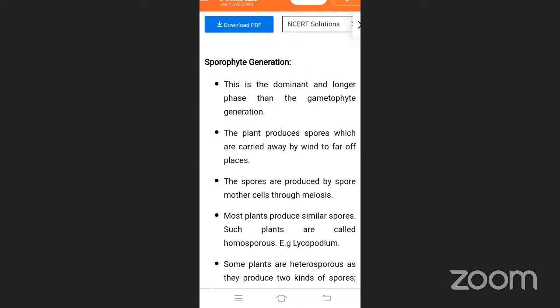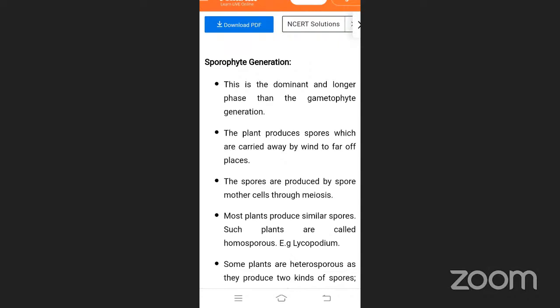In Pteridium and Osmunda we can see apospory.